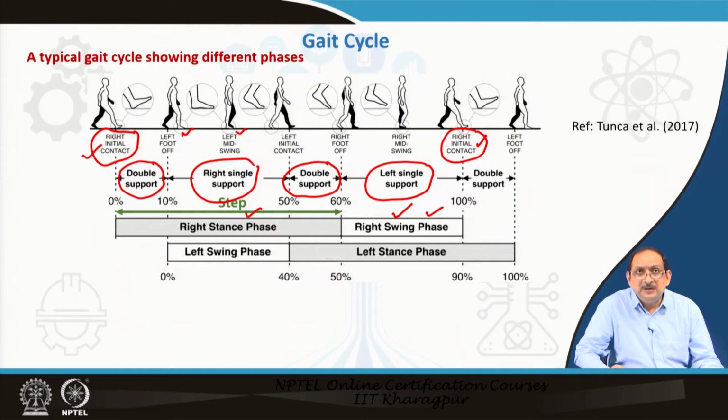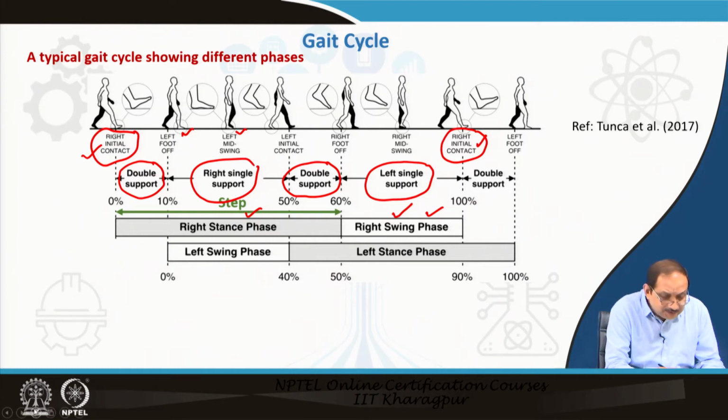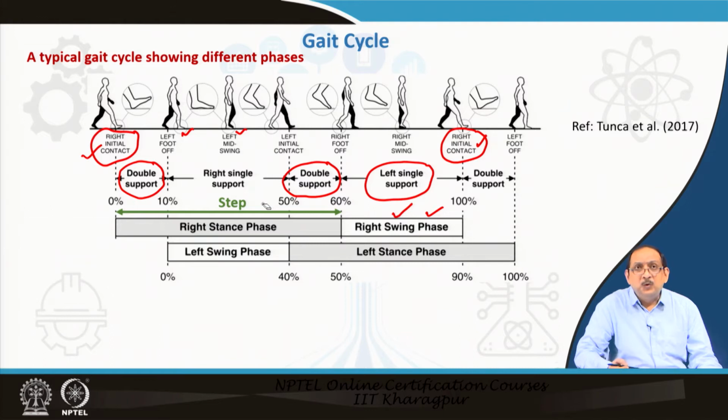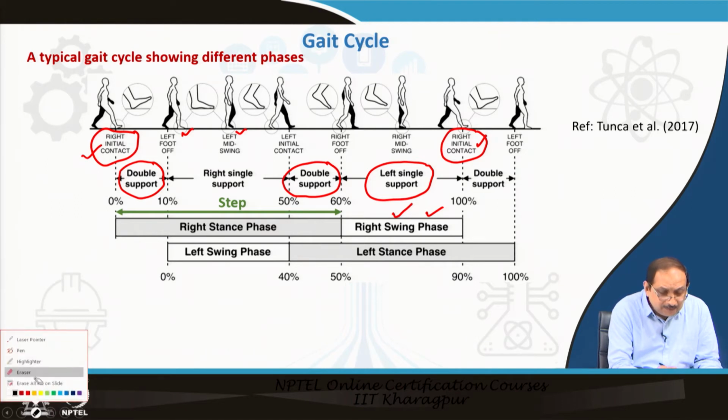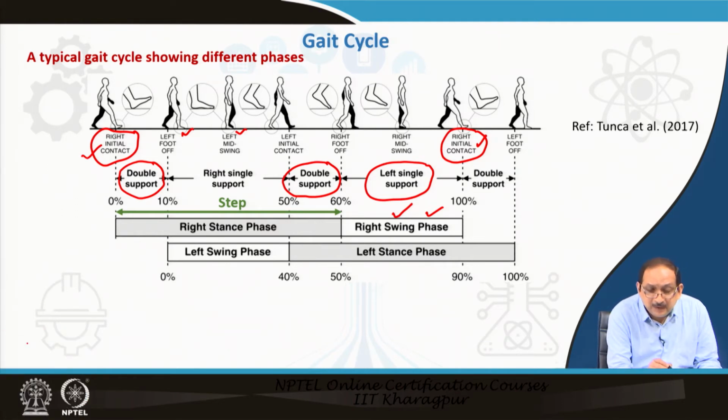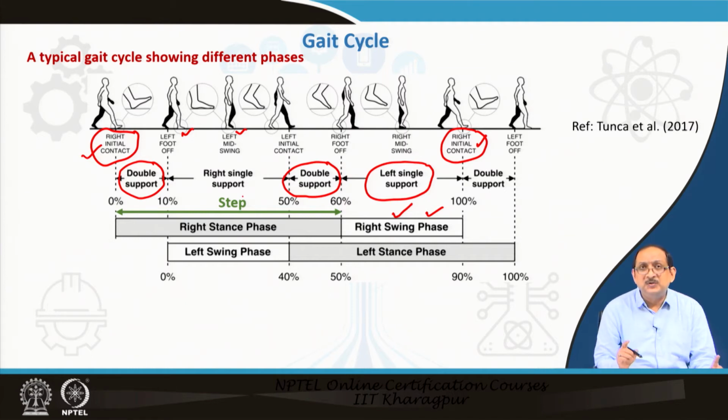So, we define two important things here. Let me just erase this first. We define a step, which is the start of heel strike to the toe off. So, this is defined as one full step.